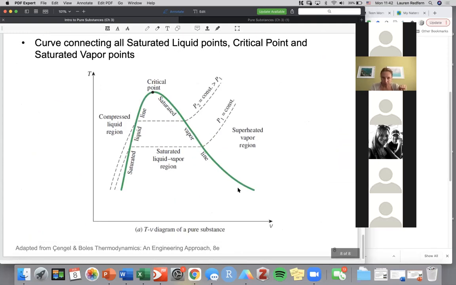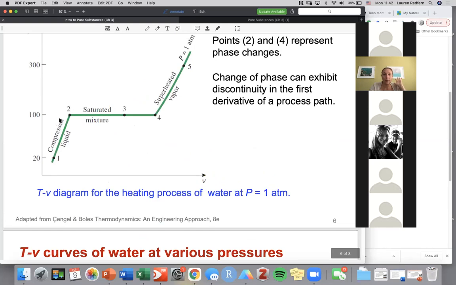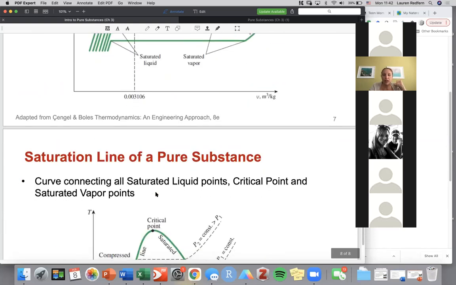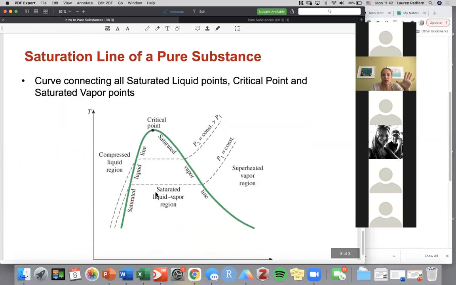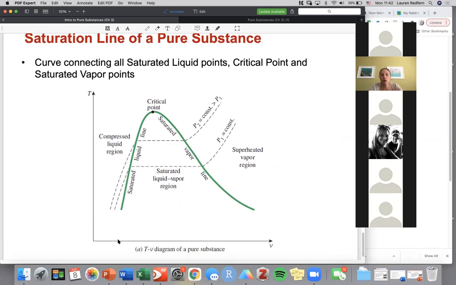All right, so we look at this a little bit differently in the book as well, where instead of doing the straightforward diagram that looks like this, you can look at it this way, where we're starting with this compressed liquid region here.